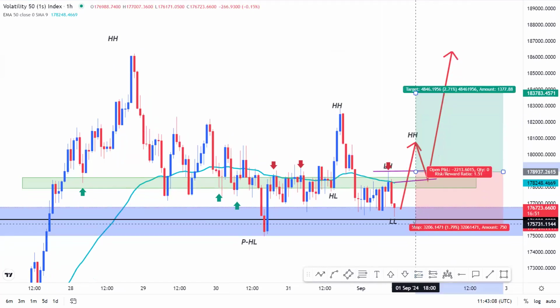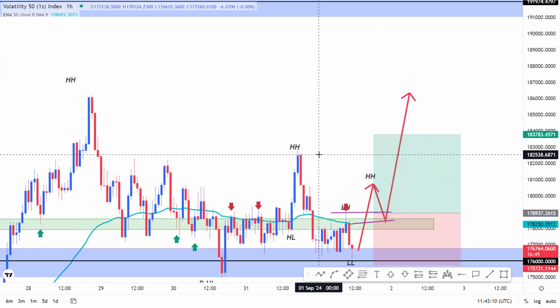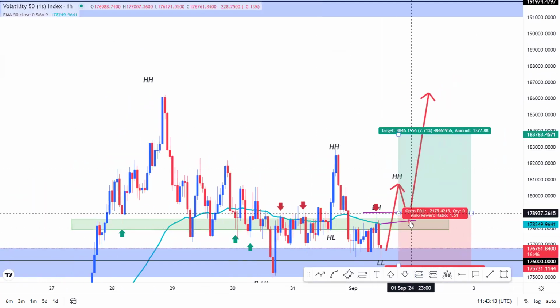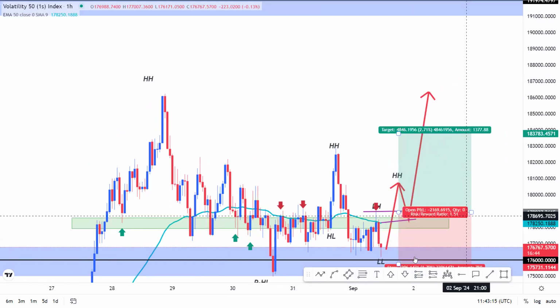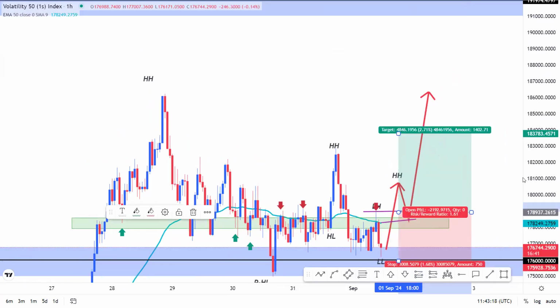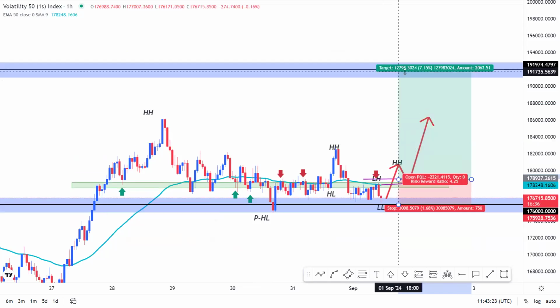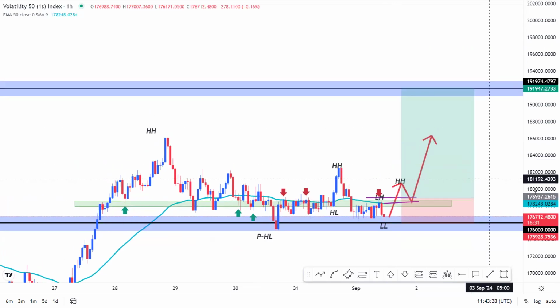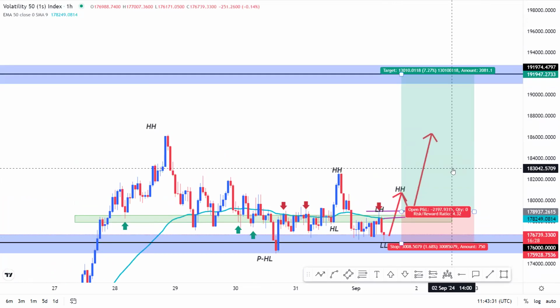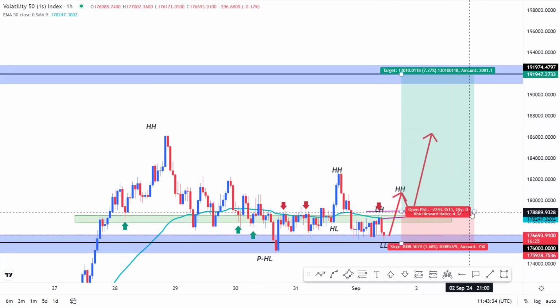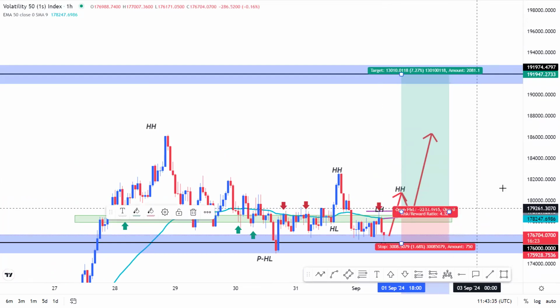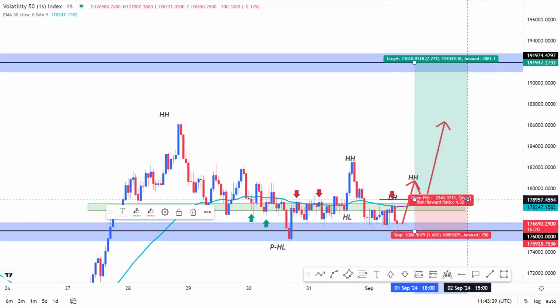So should this happen, let's say we have ourselves something like this at the break and then the retest, we have ourselves a rejection from the level, a bullish engulfing and all of that. You can see this would easily give me a 1 to 4, a 1 to 5 risk to reward trade, just scaling down to the lower time frames, as opposed to getting the buys off of the 4-hourly time frame bullish momentum candlestick, as I previously stated.